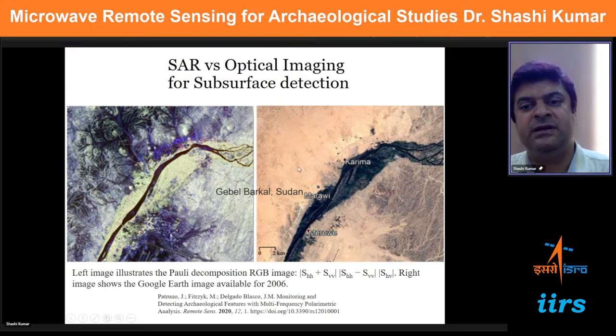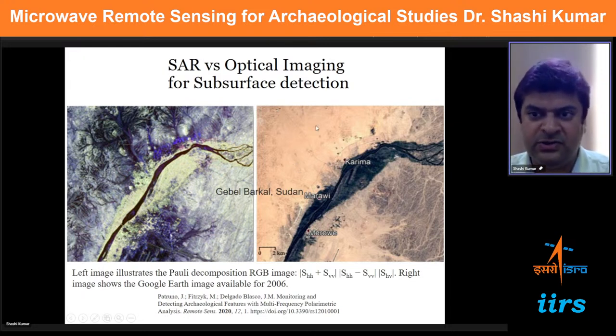Here in the Google Earth image, this is the true color composite image. This area, particularly the upper portion, is appearing very smooth.